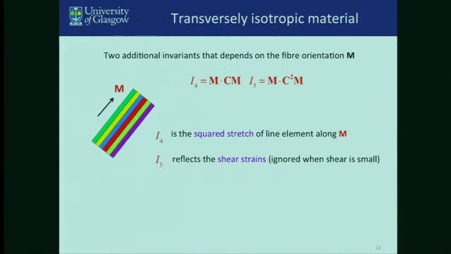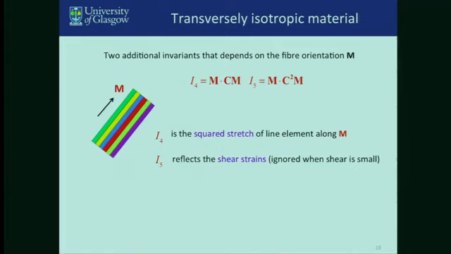What if in the tissue you have one preferred direction? So you have a group of fibers aligned in one particular direction, M, for example. In that case, 3 invariants are not enough. You have to introduce 2 more, and so that is the direction M dotted with C M. So it's like a squared stretch along direction M. And you also have I5, which reflects the shear strains, and this material now has a cylindrical symmetry.